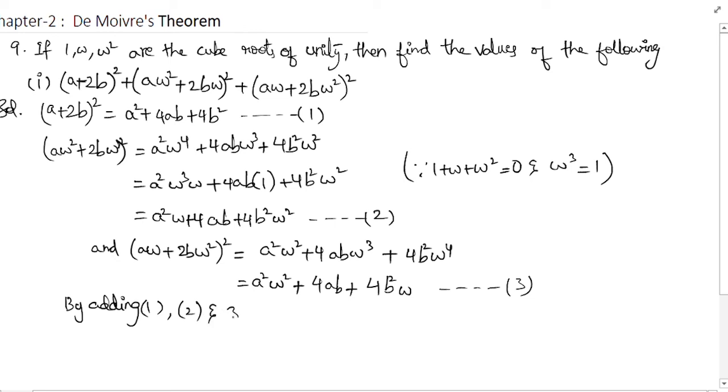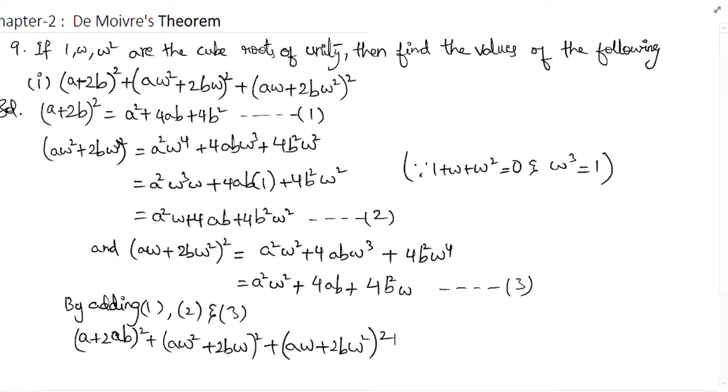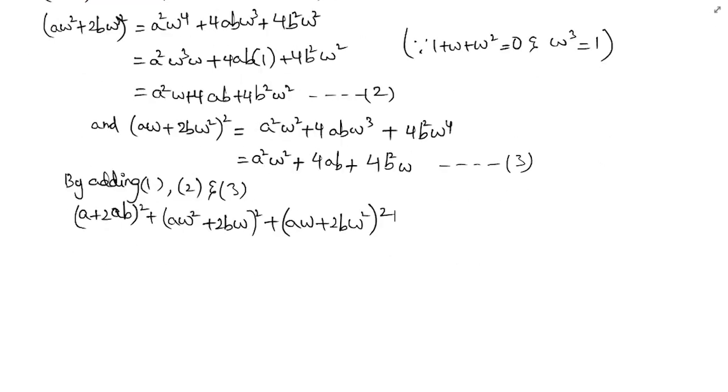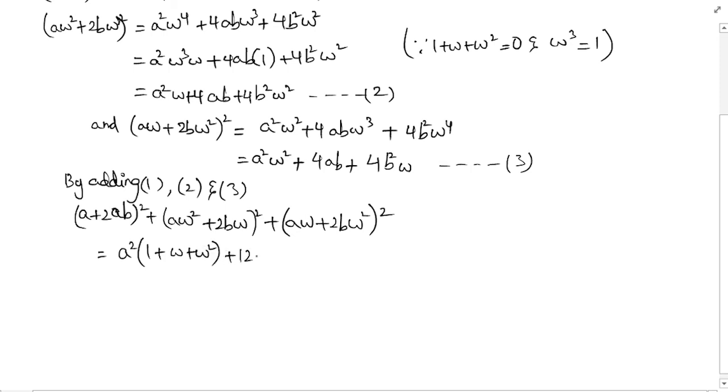1, 2 and 3, that is (a plus 2b) to the power of 2 plus (a omega square plus 2b omega) whole square plus (a omega plus 2b omega square) the whole square will be equal to a square of (1 plus omega plus omega square) plus 12ab plus 4b square of (1 plus omega plus omega square).